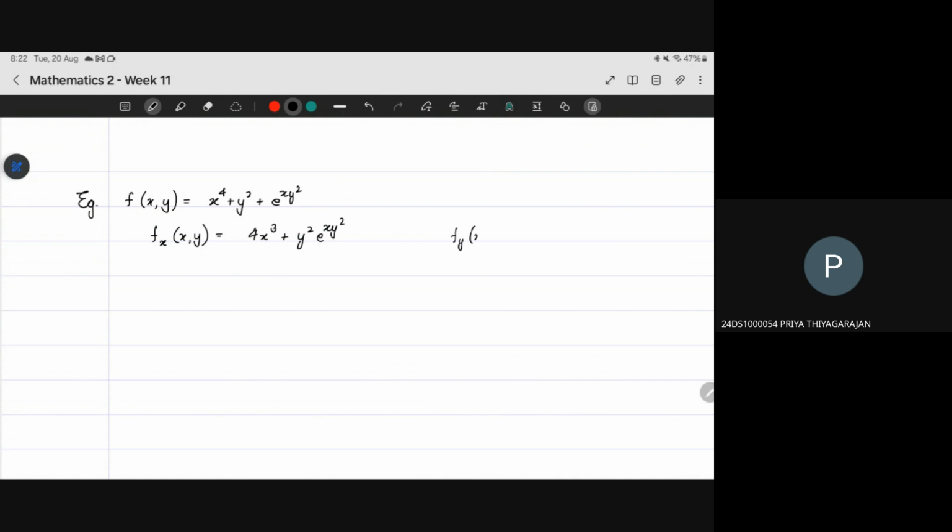By now, you should be comfortable with computing these partial derivatives. Can someone tell me what is fy of xy? Two y plus e power xy squared. You will get 2y plus 2xy, right? E power xy squared.